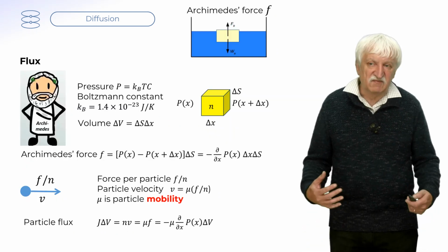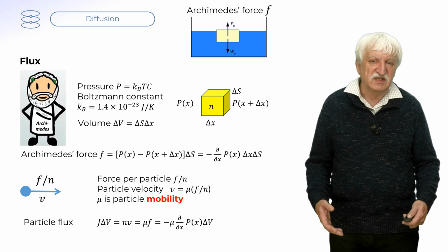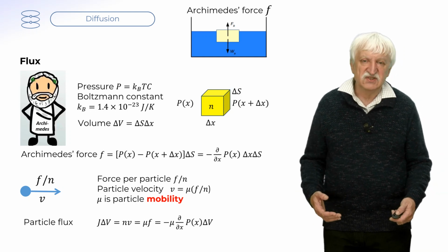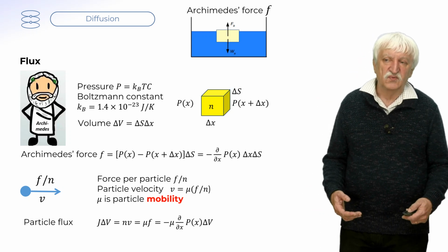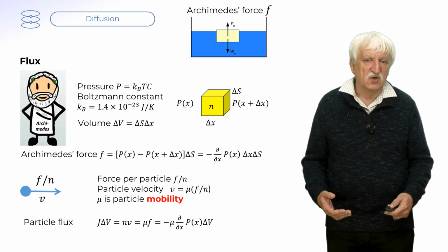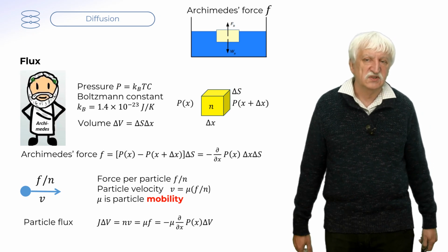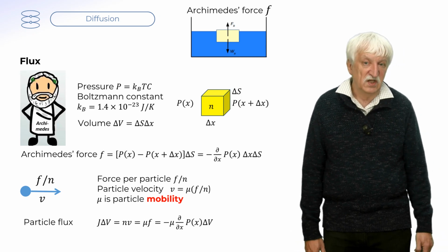We just derived an equation, but so far we don't understand deeply the physical meaning of this equation. In this light, we see that the reason for this diffusion and the nature of this diffusion coefficient is just the Archimedes force.